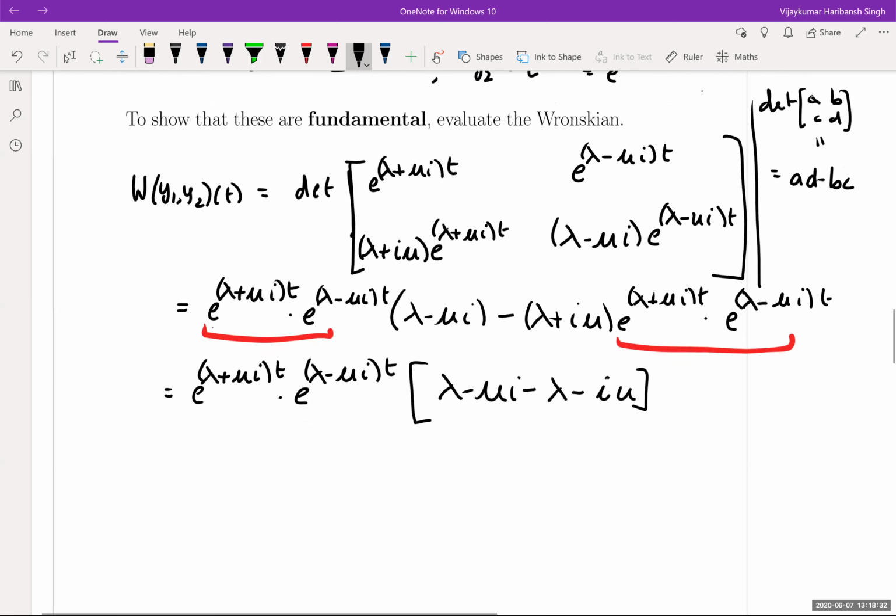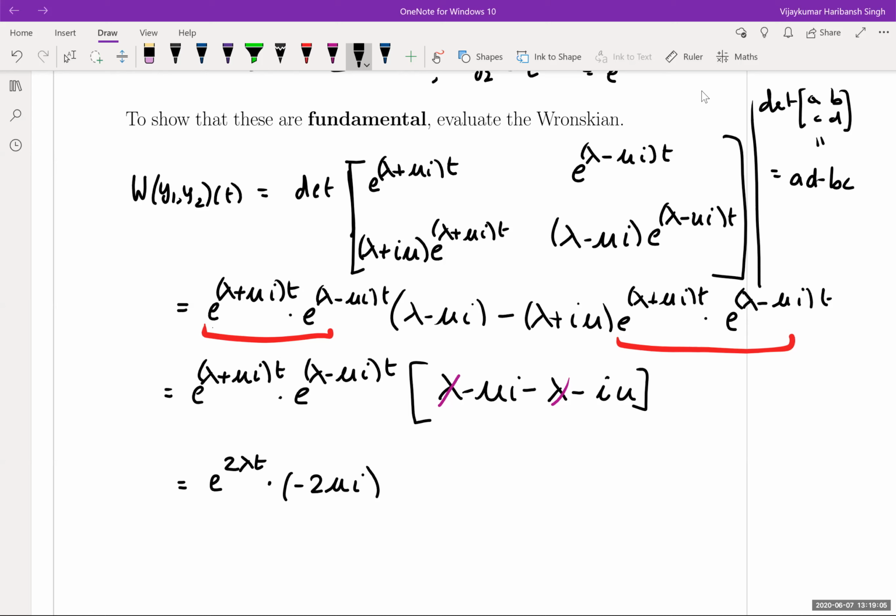So lambda and lambda will cancel, and the top will simplify. You add the powers up and get e to the power 2 lambda t, with mu i t minus mu i t being 0. Minus mu i minus mu i means minus 2 mu i.